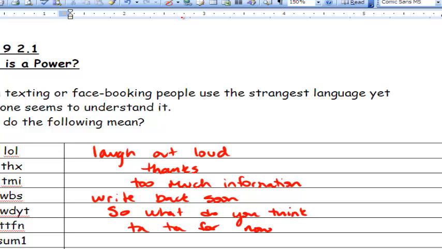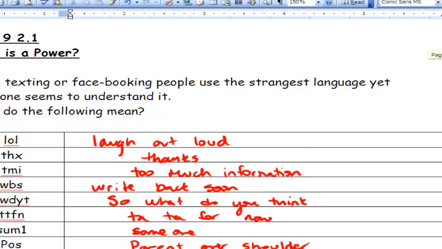And POS, parent over shoulder. Who knew? Can you think of any other abbreviations that you guys use while texting or Facebooking?